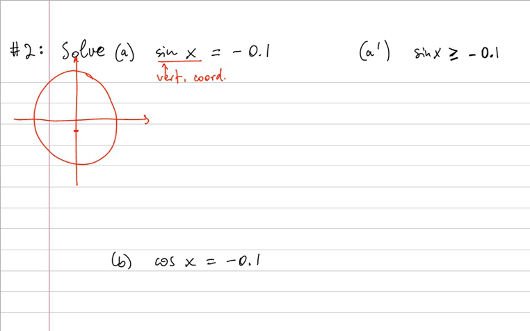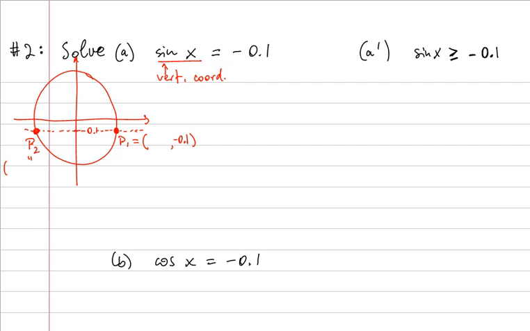So you go vertically to negative 0.1, and here you draw a horizontal line. All the points on this line have the same vertical coordinate. Therefore, if I take the two points of intersection of this line with the unit circle, then the coordinates are negative 0.1 vertically.